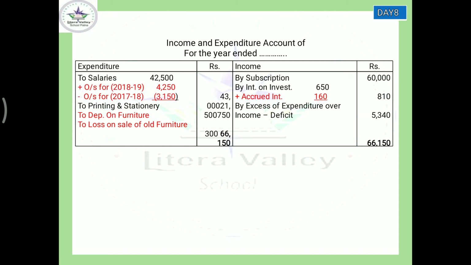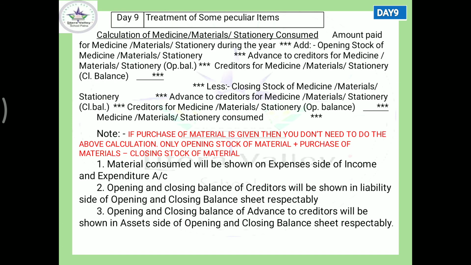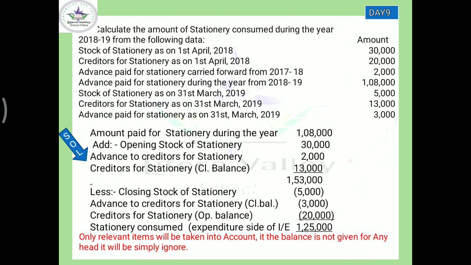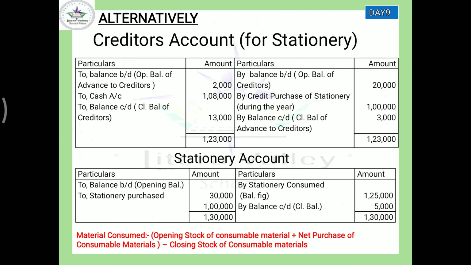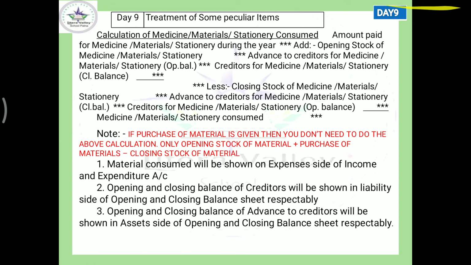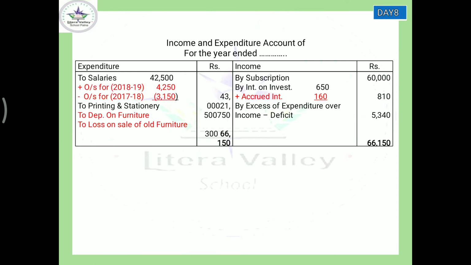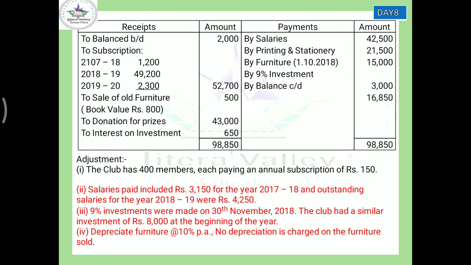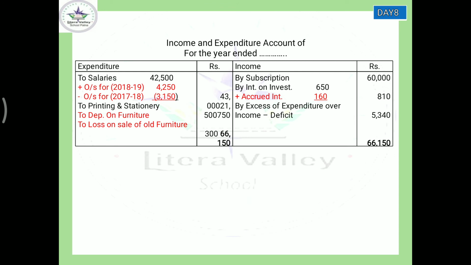Subscriptions, although it is not material, you can remember it. The club has 400 members and is paying an annual subscription of 150. So in the same manner, subscriptions have been shown as 60,000.